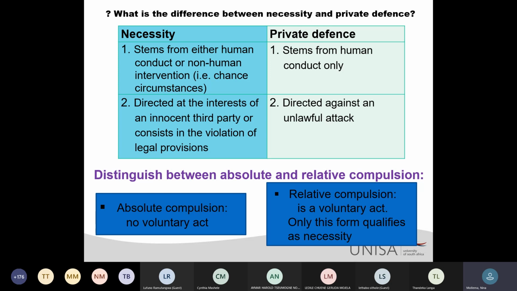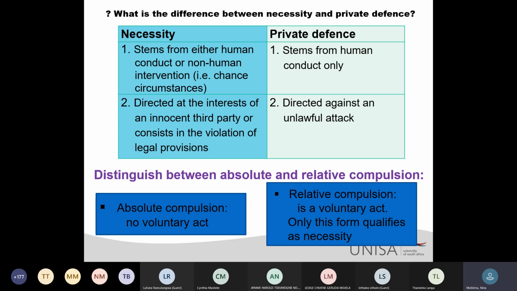Goliath was unwilling, but X said that if he didn't hold Y tightly, he would kill Goliath. So the court ruled that this was an act of necessity, or he acted under compulsion or coercion. He was forced to do what he did, so he could rely on the ground of justification called necessity.